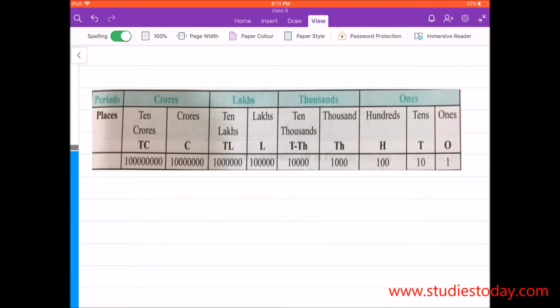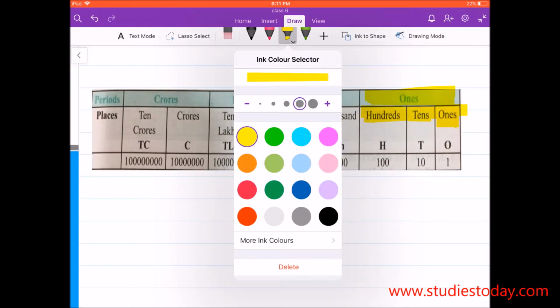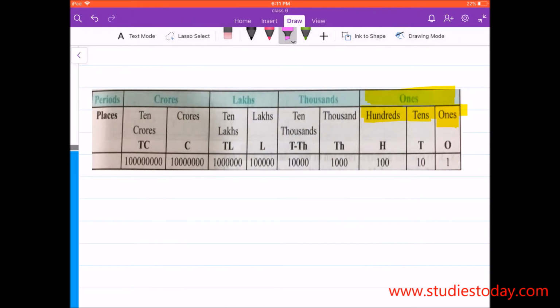So here we write the periods as ones, under which there is ones place, tens place and hundreds place. Under the period of thousands we have thousands and ten thousands.